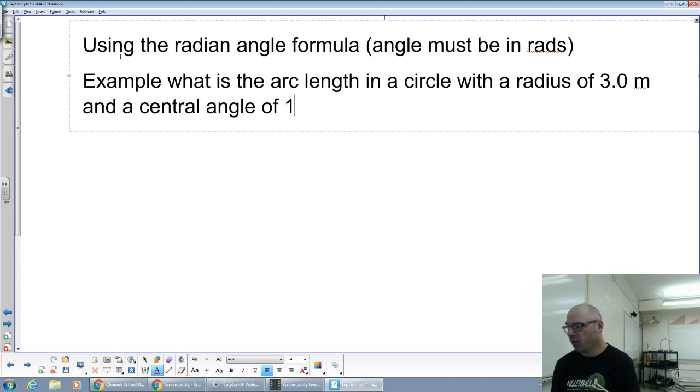So we have to convert it. The first step is taking this and converting it to radians first.